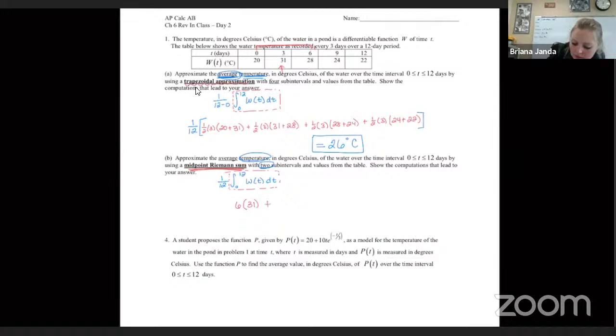Our second rectangle would start at 6 and go to 12, again, a base of 6, and use the middle value's height of 24. And again, because it said average of our function, we're going to take that total, which is the integral, times 1/12 to get 27.5 degrees.